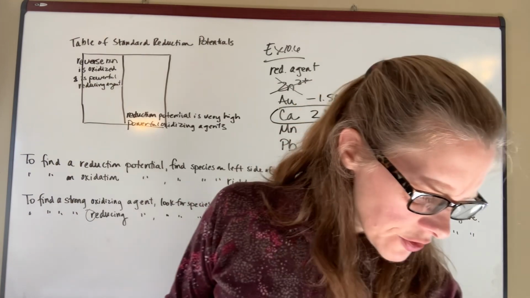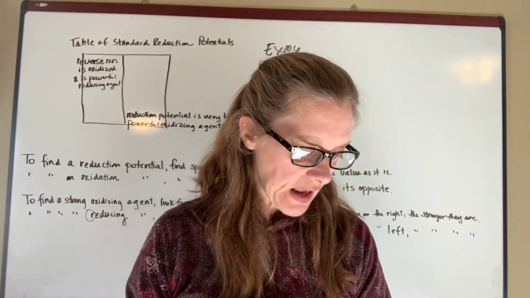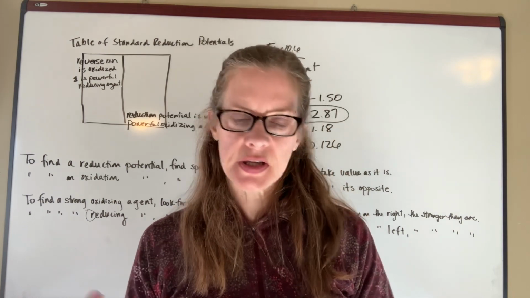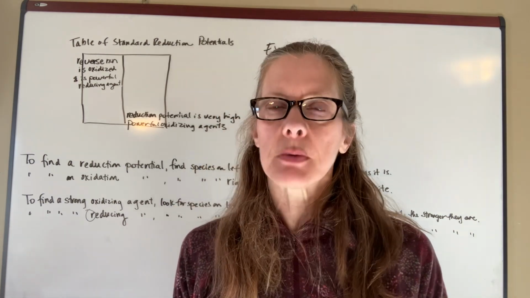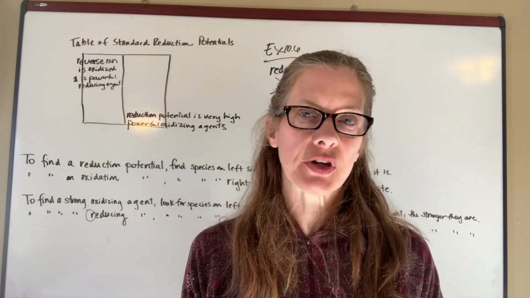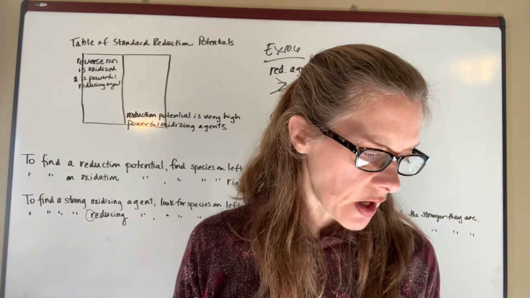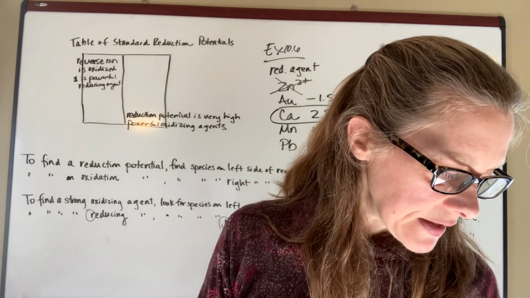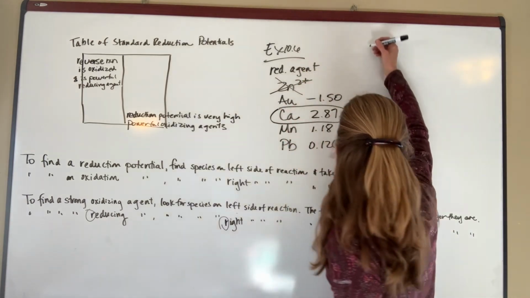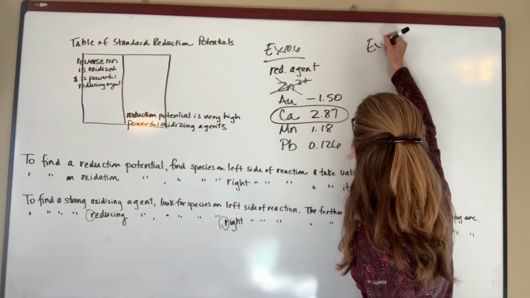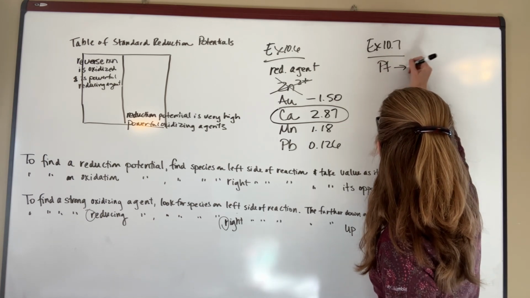All right, so now let's look at example 10.7. This is where all of this comes into being super useful in chemistry, because sometimes you need to run a reaction and you have to figure out which one of these is going to be the best choice. Example 10.7 says a chemist wants to turn platinum into platinum 2+.